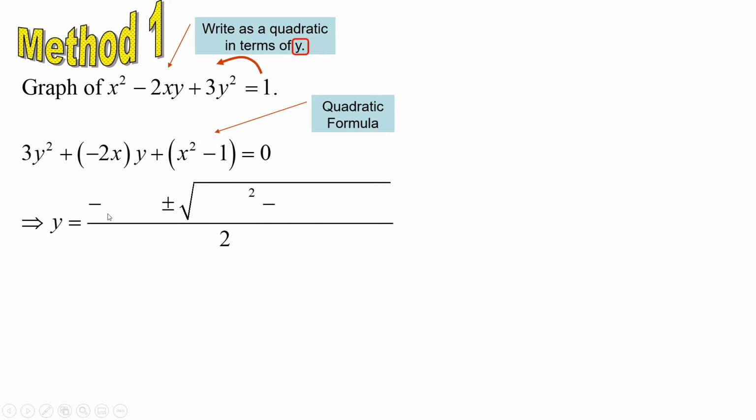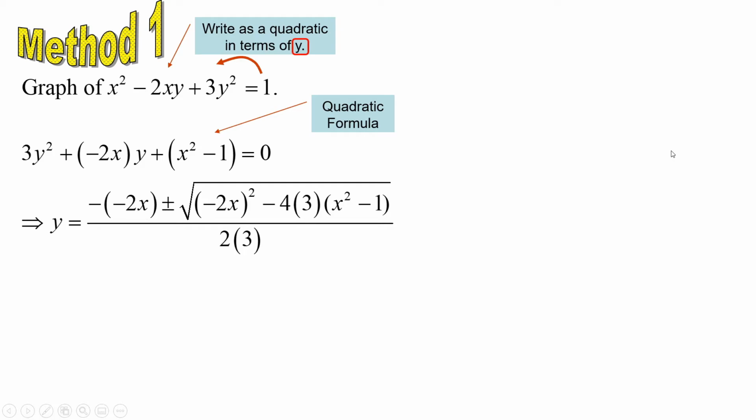So first, the opposite of b. What's my b? Well, it's this negative 2x. And then under the radical, let's take that b and square it. And then go minus 4 times a, which is 3, times c, which is the quantity, x squared minus 1, over 2 times a, and my a over there is still a 3. There it is right there.